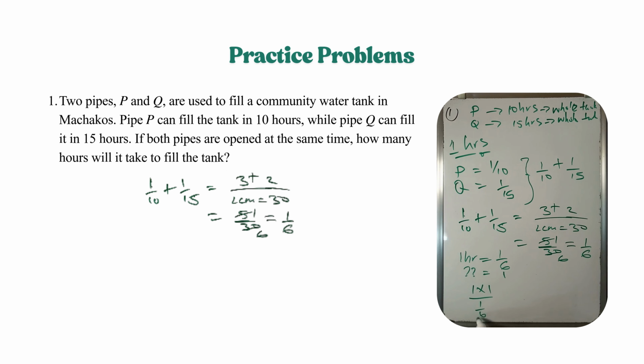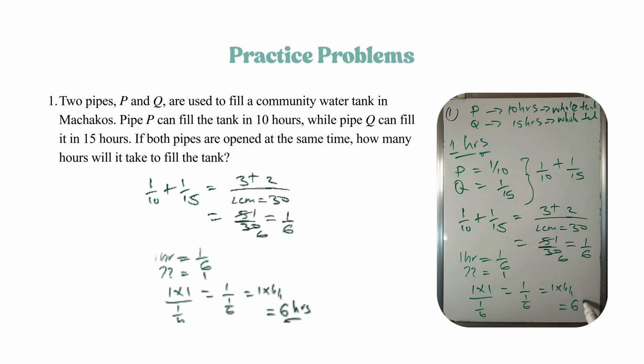So you'll have 1 over 1 over 6. If you divide 1 by 1 over 6, you reciprocate it, and you'll have 1 times 6 over 1, which will give you 6 hours.